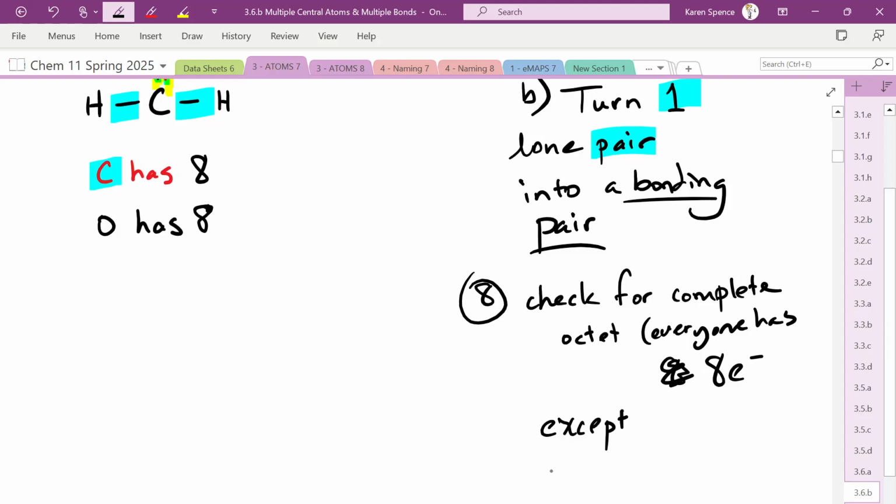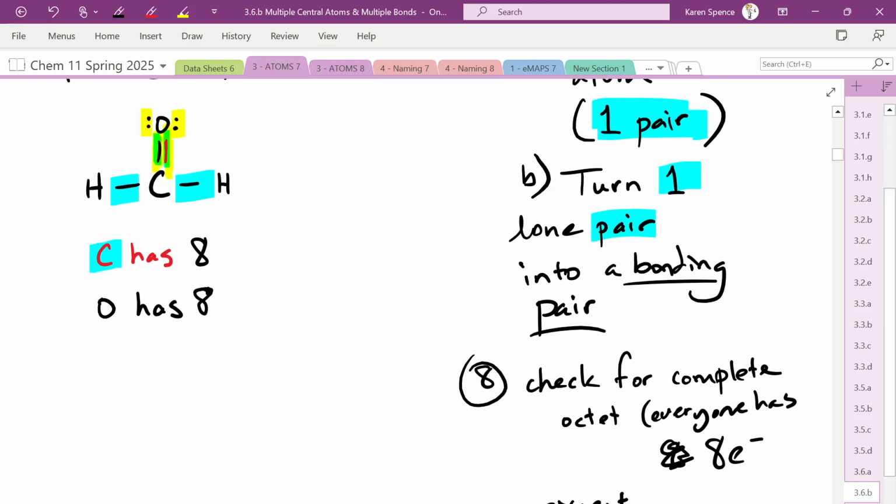Except for hydrogen, beryllium, boron, and aluminum. And I'm going to keep harping on this because it'll be easy to forget that, right? So if you say to yourself, except hydrogen, beryllium, boron, and aluminum, if you say that every time, then you'll just remember it, okay? So that's correct, and we could also double check the total number of electrons. We have 2, 4, 6, 8, 10, 12 electrons. That is the same as our original number of electrons, so we have a perfect structure now. Is that good?